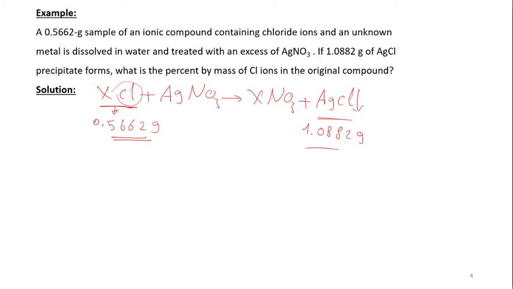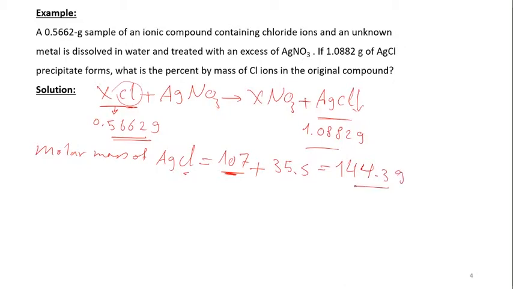So to be able to calculate that, first I need to know the molar mass of silver chloride, and it is equal to 107, the atomic mass of silver, plus 35.5, the atomic mass of chloride. This would be equal to 144.3 grams.